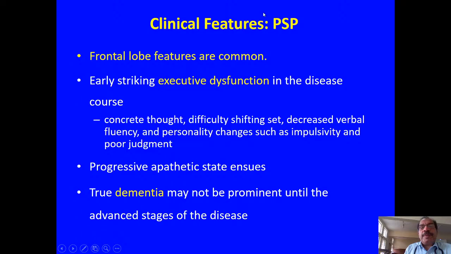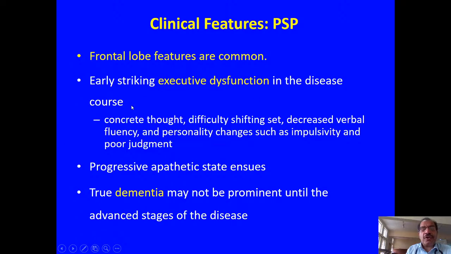As I mentioned, PSP is basically a kind of Parkinsonism plus. So there may be some cerebral higher mental dysfunction. So the patient may have prominent features of frontal lobe dysfunction. So patient may have various abnormalities like executive dysfunction, like what to do, how to do, planning and decision making will be severely affected.